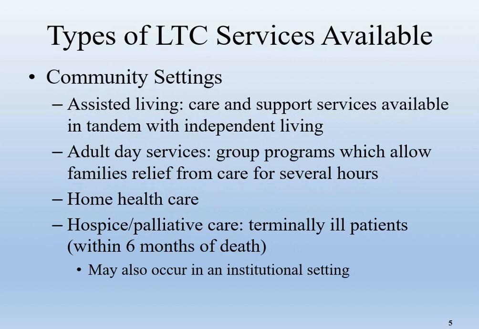There are adult day services where people come in and allow family members, caregivers, like an older daughter, to leave, get a little stress relief. There's home health care. This is things like Meals on Wheels. It may be people delivering unit dose medications to the home. Or infusion services, IV meds.